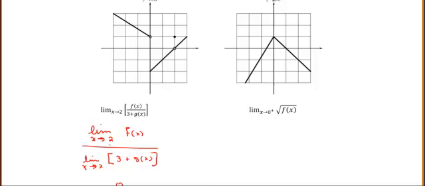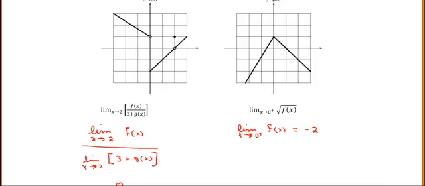Okay? One more limit. Let's take a look at the limit as x approaches 0 from the right of the square root of f of x. All right, we have to ask ourselves, what about the limit of f of x as x approaches 0 from the right? Well, as x approaches 0 from the right, the limit value is negative 2.